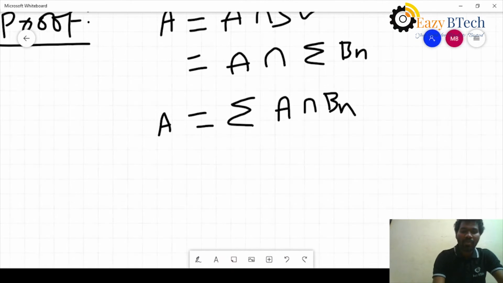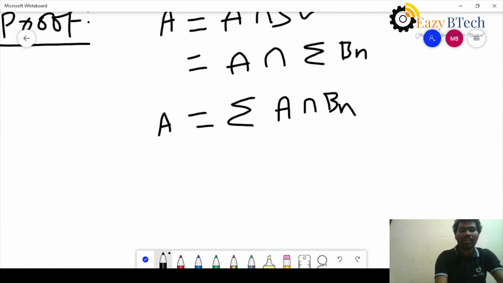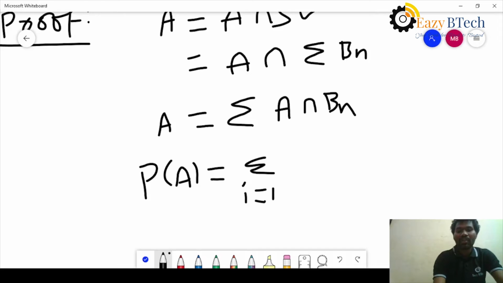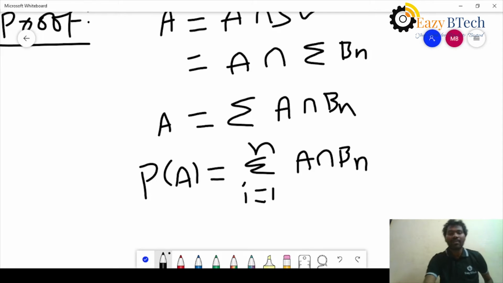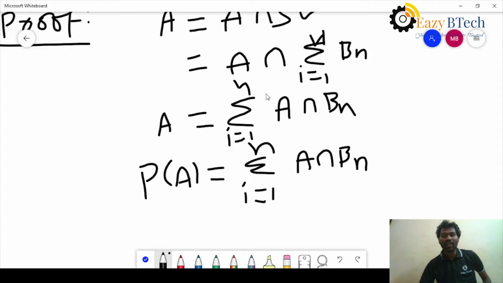If you apply probability on both sides, it can be written as P of A equal to summation from i equal to 1 to n of P of A intersection Bn. Here the summation is from 1 to n. Now, how can the intersection be written?